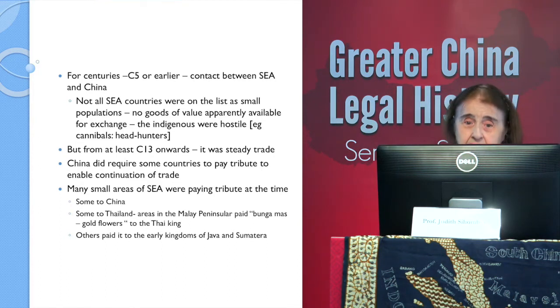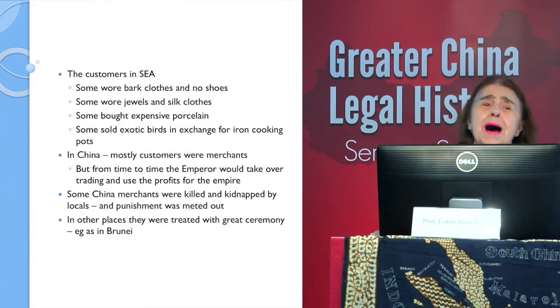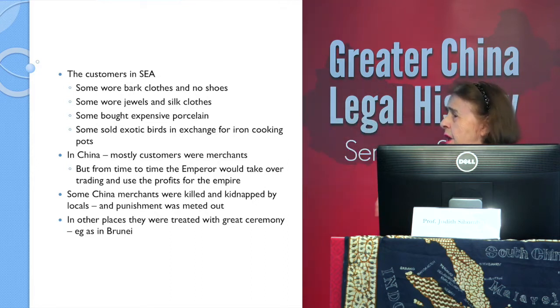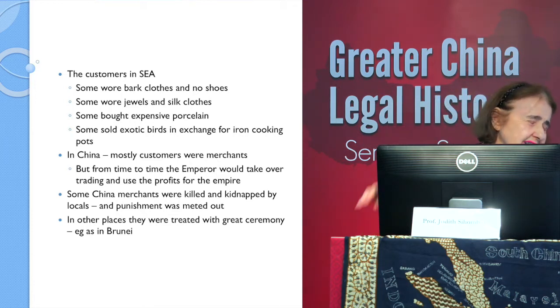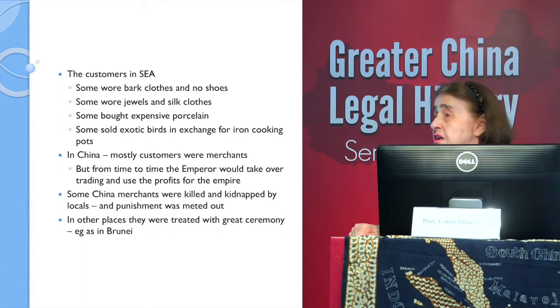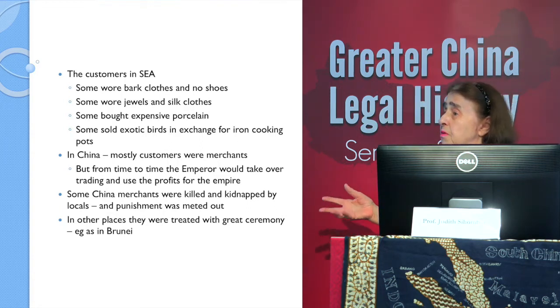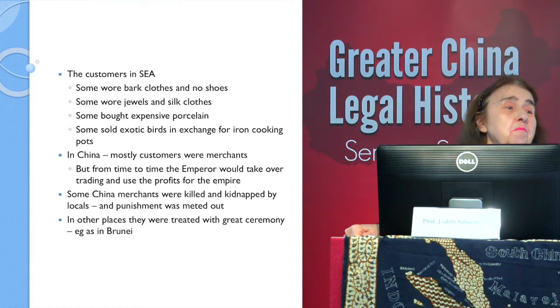That's what it was. Now, the customers, and these are some of the descriptions. Some wore bark clothes. Now, you see some of these trendy boutiques selling you paper dresses and plastic dresses, bark dresses. No shoes. Oh dear, no shoes. How terrible. Southeast Asia, you don't wear your shoes in the house. There's nothing wrong with not having any shoes. Some wore jewels and silk clothes because they were sultans, they were from the kingdoms, they traded with other people. Some had expensive porcelain.